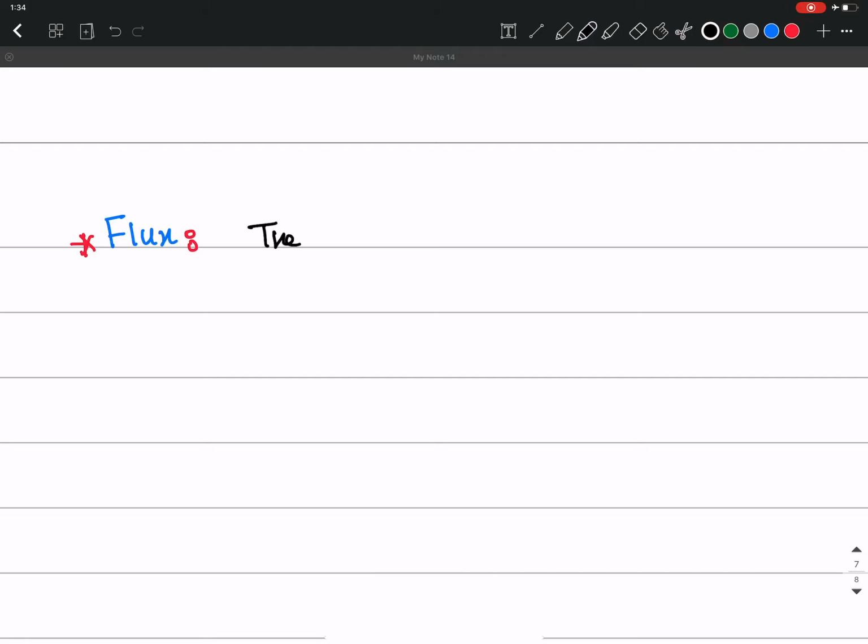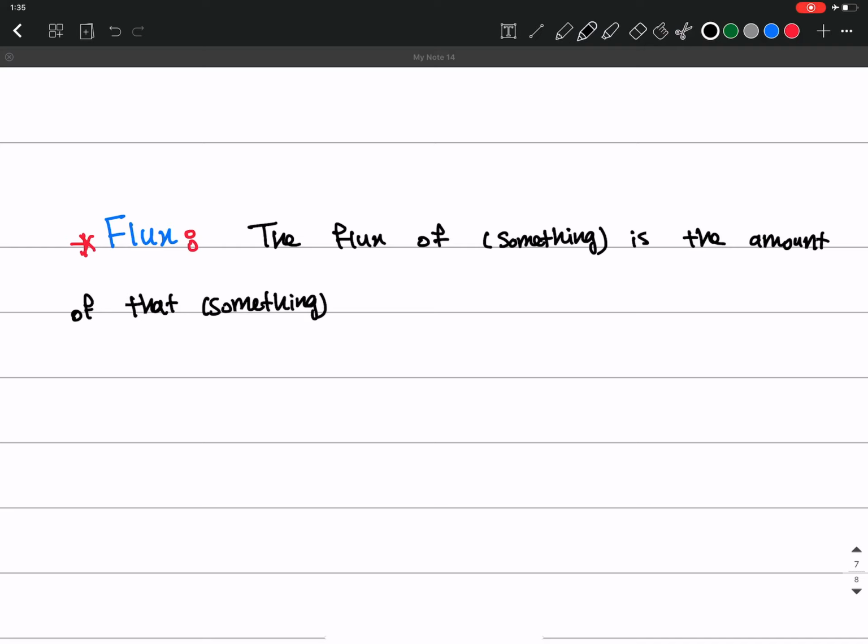So the flux of something, and it could be anything, for example momentum, mass, heat flux, is the amount of that something being transported across a surface per unit time. Okay, so this is the definition of flux.